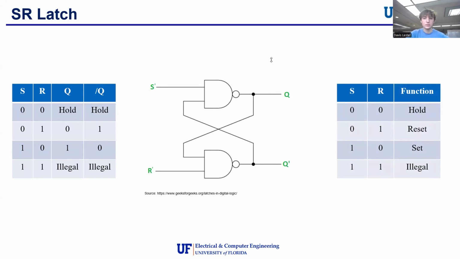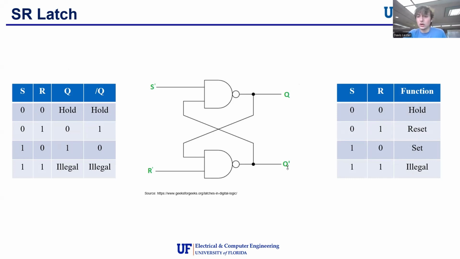There we go. Okay. So the basic SR latch has two NAND gates or two NOR gates that have the outputs feed back into each other. This allows for hold, set, and reset, just those three functionalities. When S is true, the input will be set, so the Q output will be true.